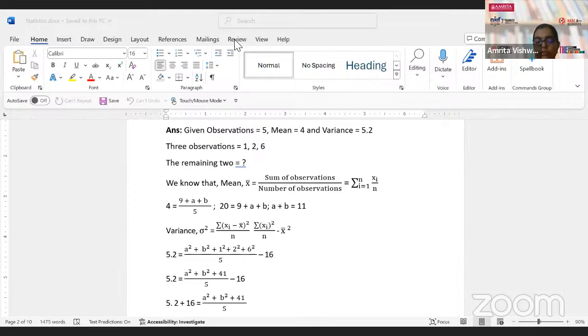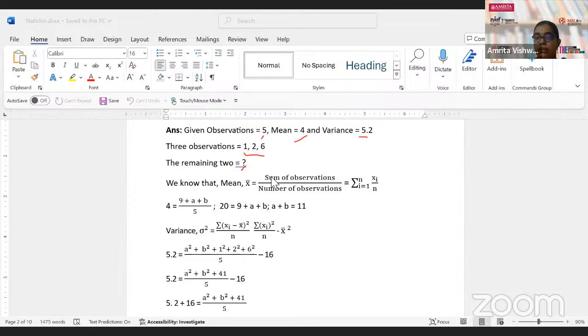The combinations also. So here, the total number of observations n is equal to 5, mean is equal to 4, and variance is equal to 5.2. I have 3 values, 1, 2, and 6, and the remaining 2 I have to find out. When it comes to finding the mean, we all know the formula: sigma i equal to 1 to n, xi by n. So here I'll substitute for each value.